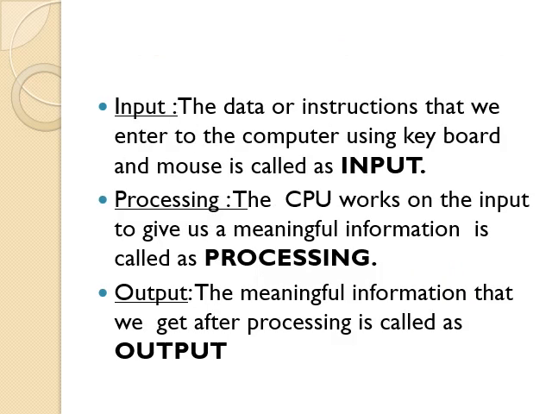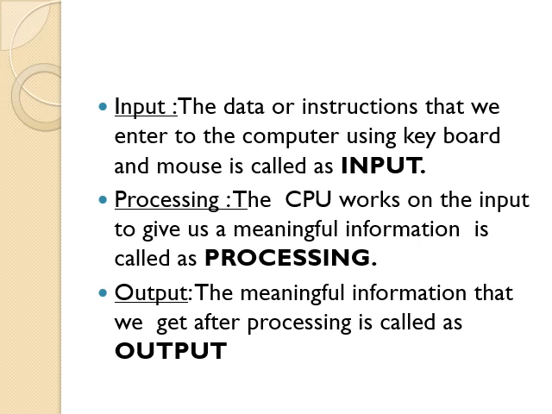Input: any information, instructions or orders that we give to the computer, either in the form of letters, numbers or sound, is called input. And how will we give this input? We will give this input with the help of input devices, that are your keyboard and mouse.